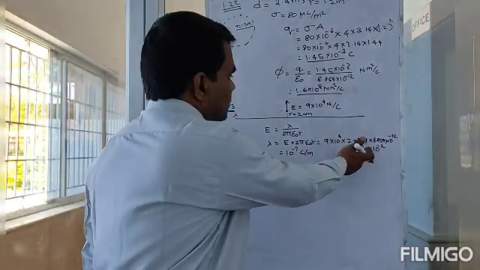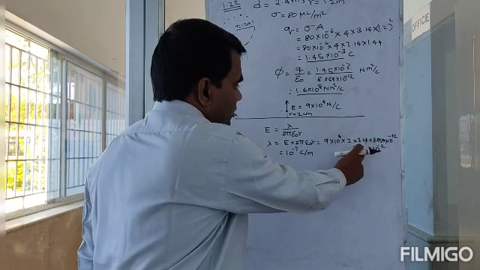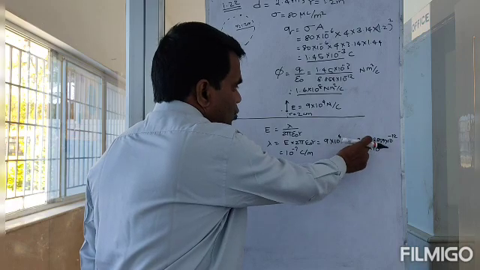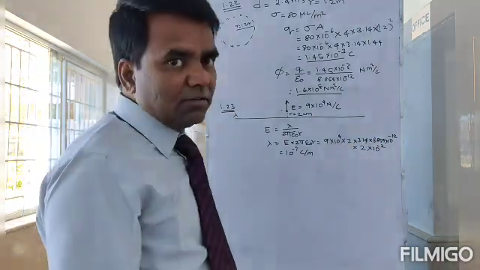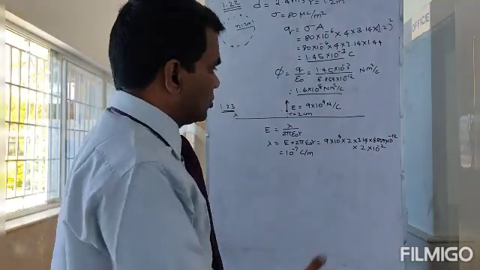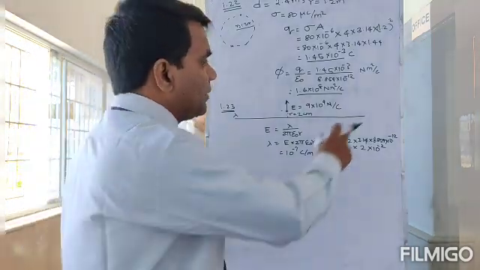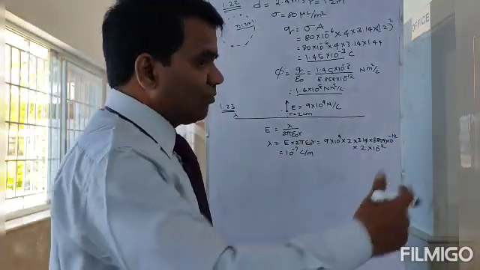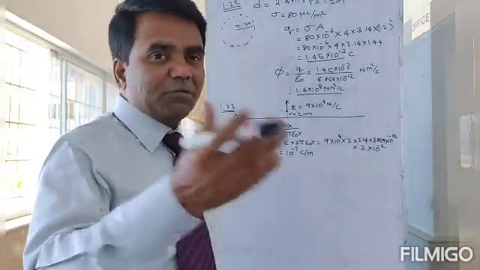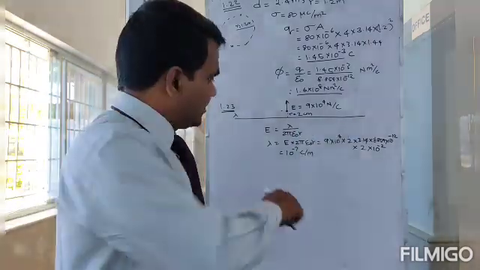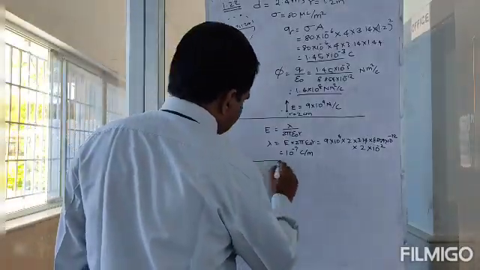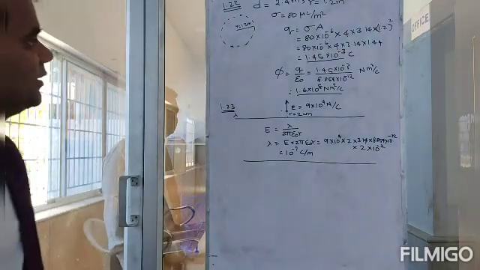It's 81 into 12, so 960. Okay, 960 into 10 power minus 10. So 960 can be treated to be somewhere around 1000 into 10 power minus 10. So we will get 10 power minus 7 coulomb per meter. So easy to do. It's not difficult at all. Okay, so that is 1.23.